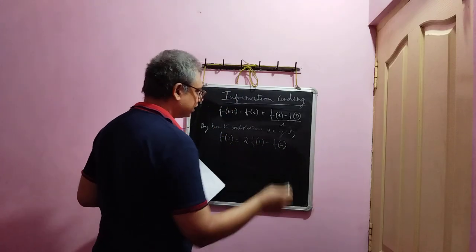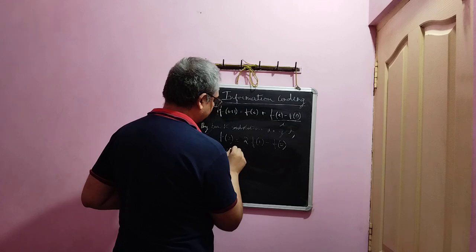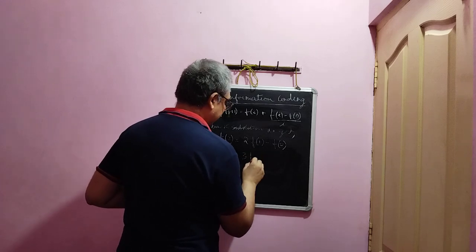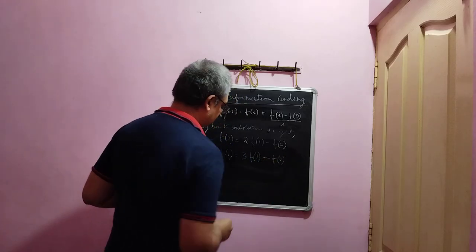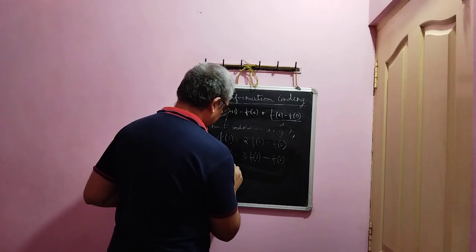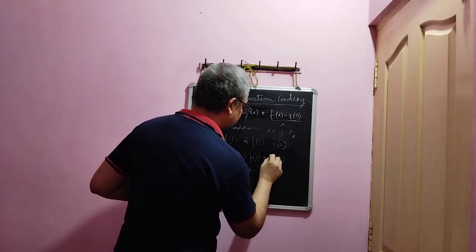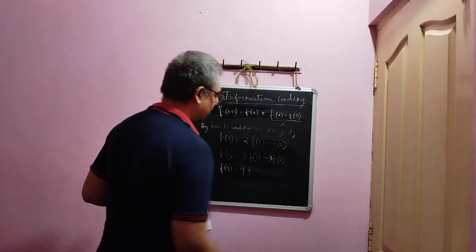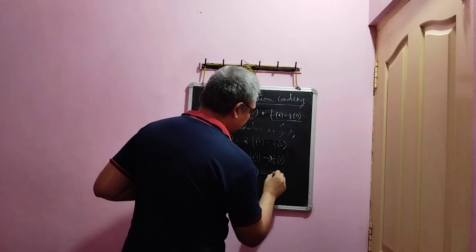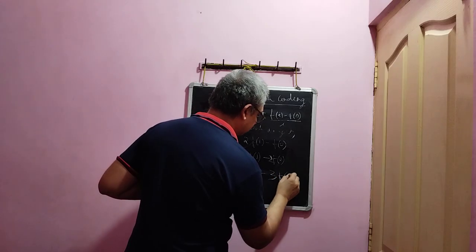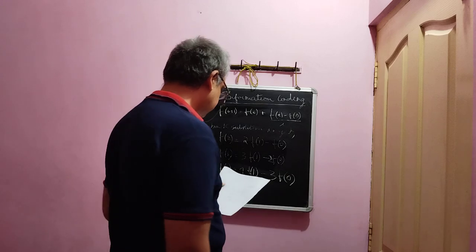You can do this, it will be slightly elaborate, and f of 3 will be equal to 3 times f of 1 minus 2 times f of 0. Okay, f of 4 will be equal to 4 times f of 1 minus 3 times f of 0.